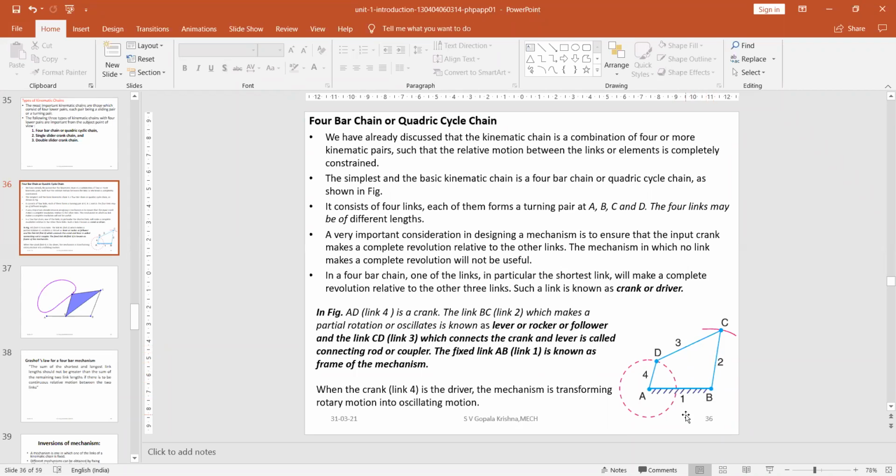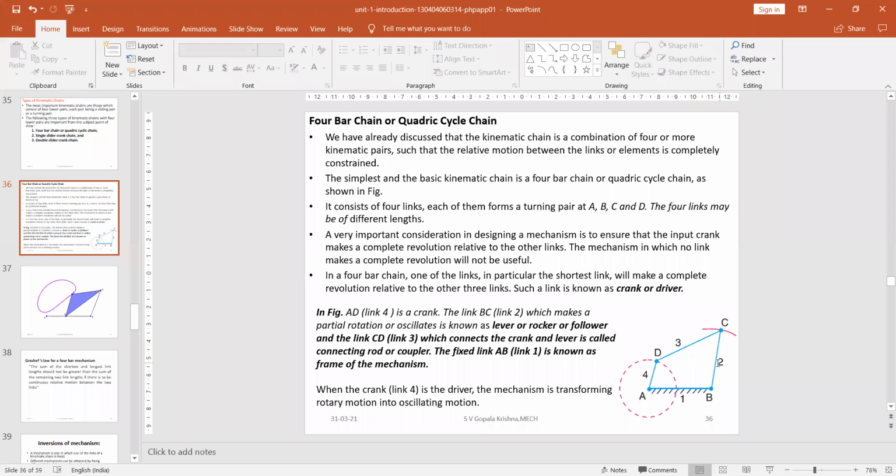So we achieve a new mechanism when we vary the fixed link. So that is from first to fourth. Next we fix the third link. That is the third case, where you may also vary the fixed link.